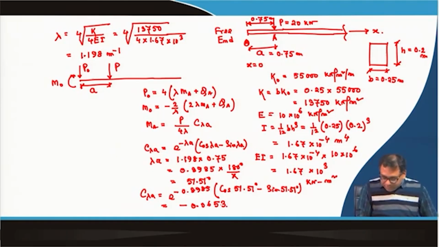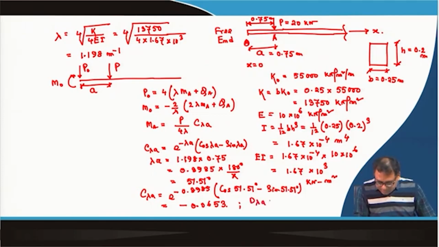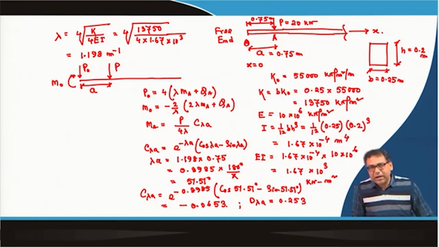Similarly, we can calculate D lambda A in a similar way, that is equal to 0.253. Okay, because D lambda A is e to the power minus lambda A into cos lambda A.